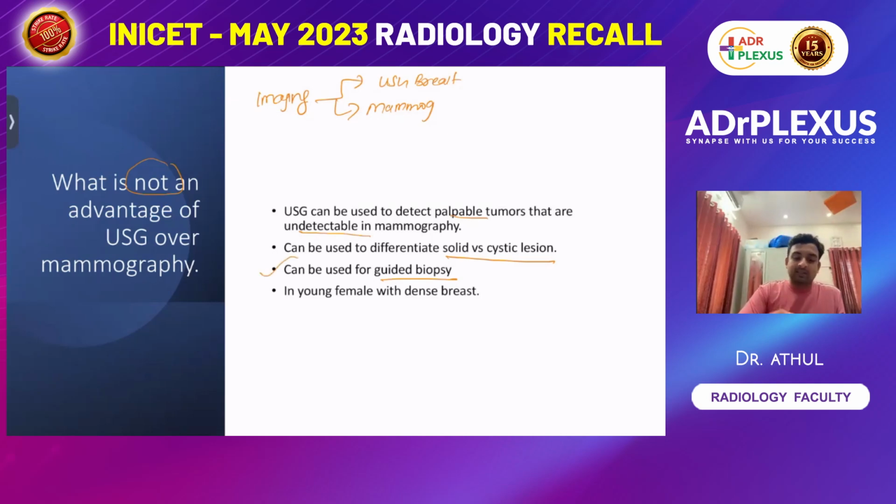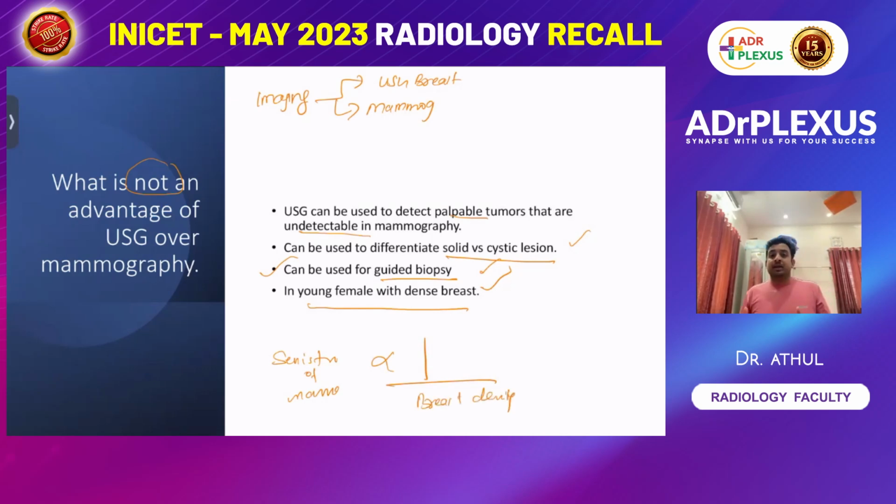Ultrasound also has a better side when we take it for a patient with a dense breast. So the other points are absolutely correct because the sensitivity of mammogram is inversely proportional to the breast density. In young age, females have dense glandular breast tissue.